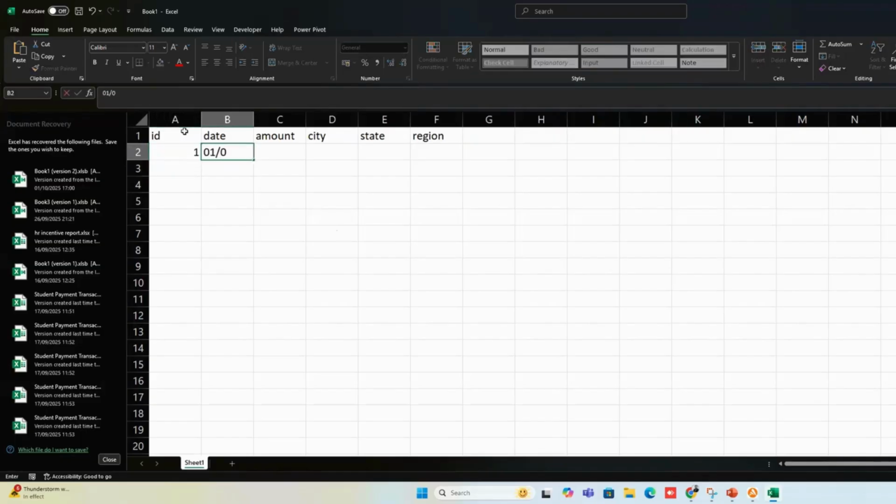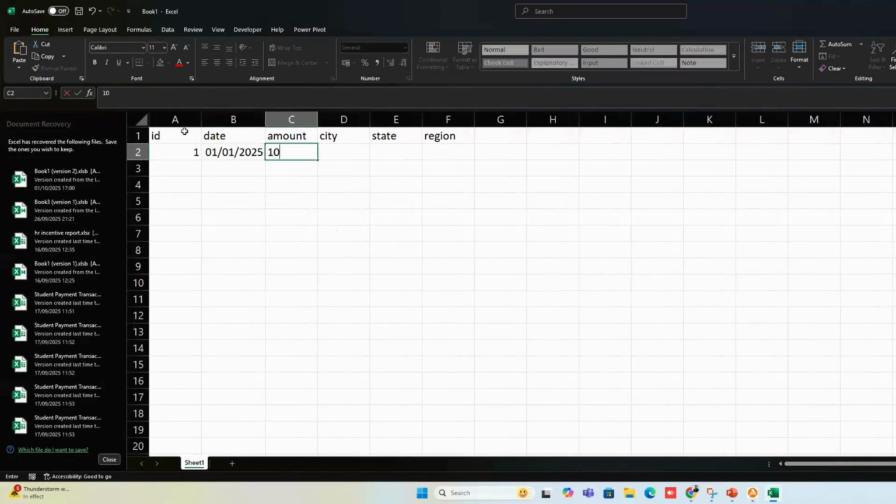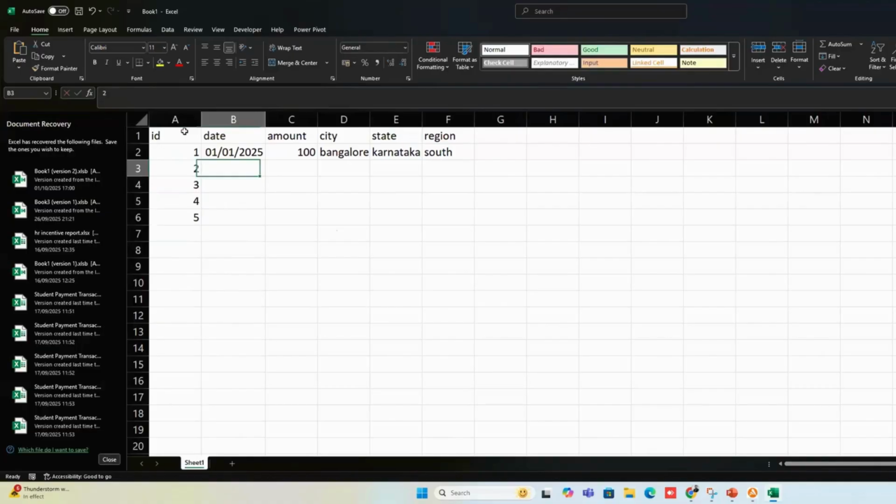1, 101, 20, 25, 100. City is Bangalore, state is Karnataka, and region is South. Then I have 2, 3, 4, 5. Let's say 5 sales. Then 2, 101, 20, 25, 500.